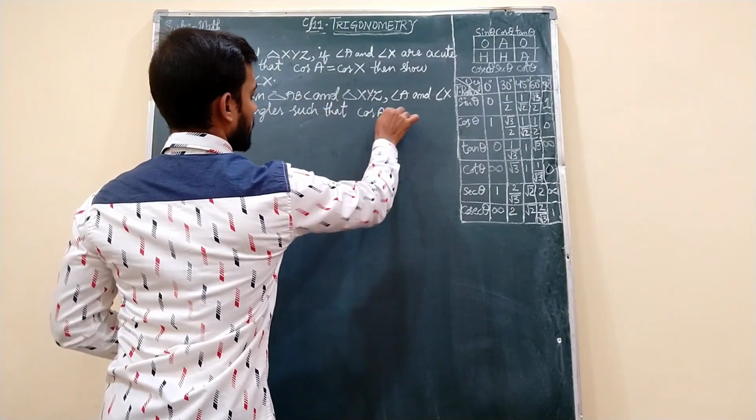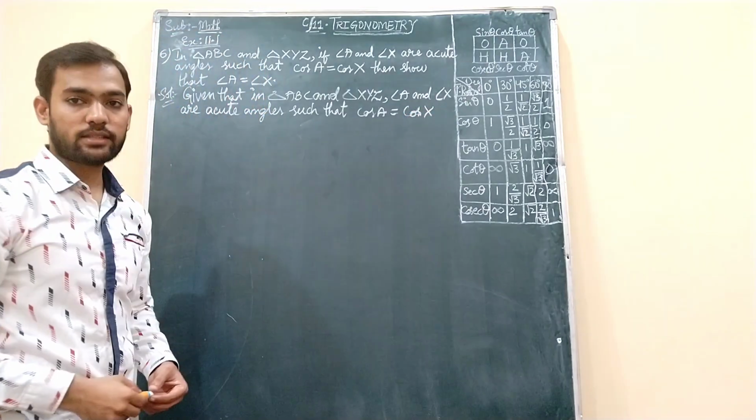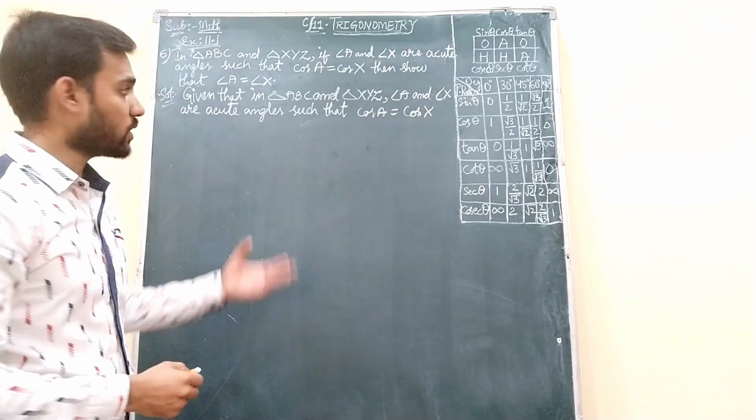Cos A equals cos X. Understand? Cos A equals cos X we have got.